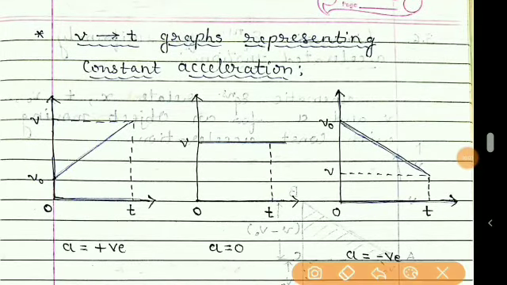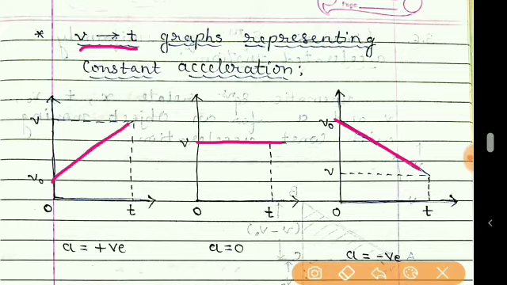So here it is the velocity time graph, and its slope will give you information of acceleration. And here the straight line, here also a straight line, here also a straight line. So in all these three situations given in these three graphs, it is a straight line.